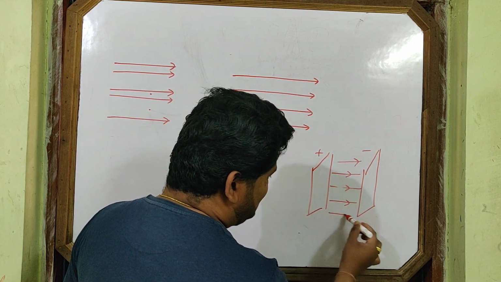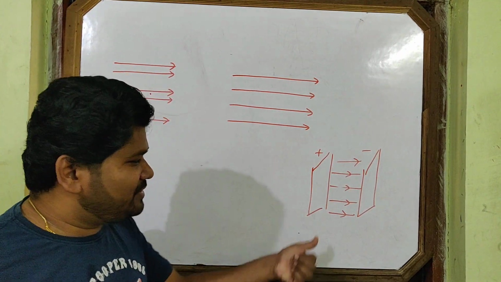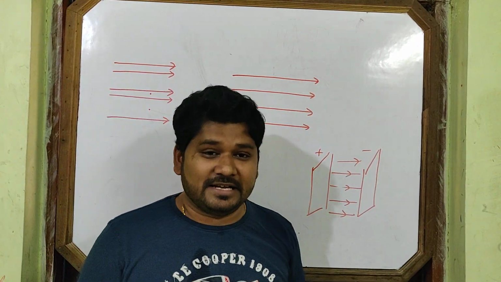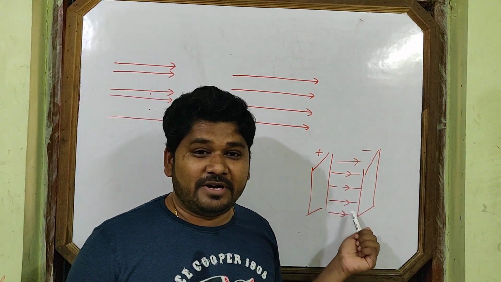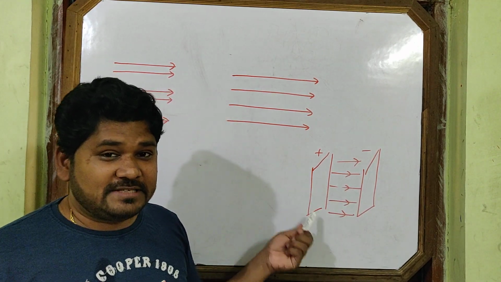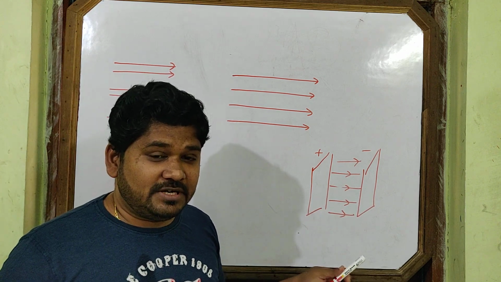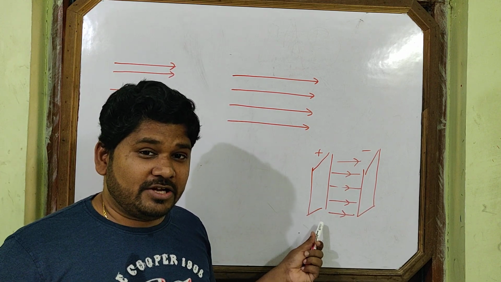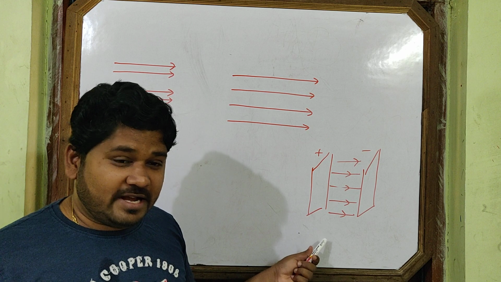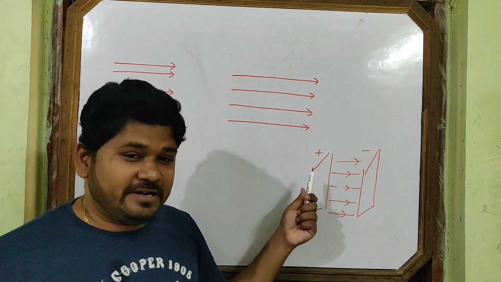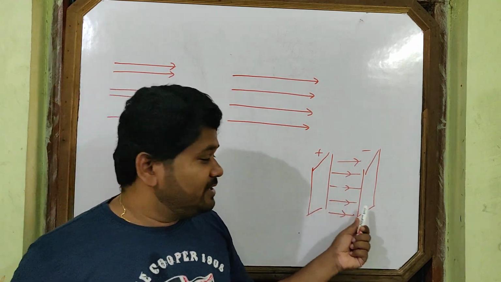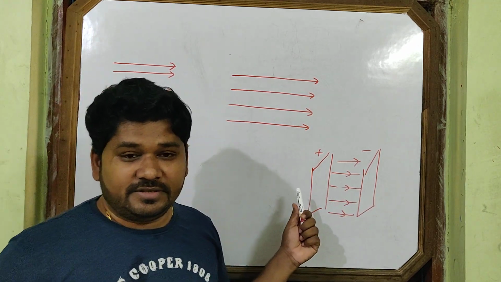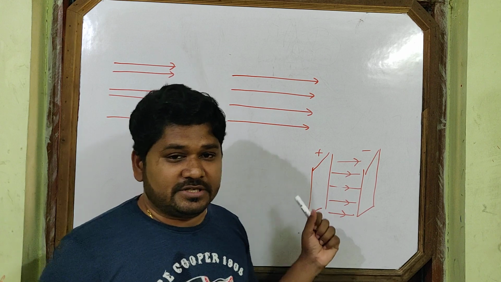So uniform electric field exists between two charged plates. This is nothing but a capacitor. We will discuss this capacitor in the next chapter, but at that time again I will remind you that uniform electric field exists between two plates of a capacitor.